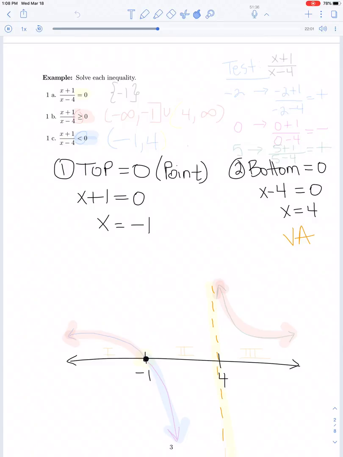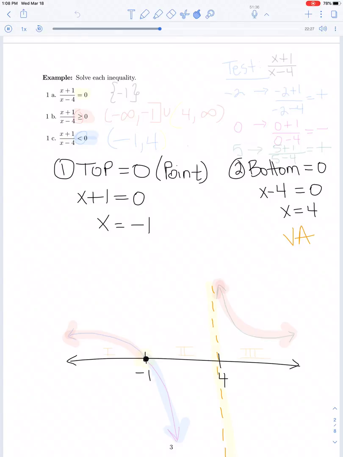Asymptotes are always drawn as dotted or dashed lines so that you know that you're not going to actually touch it. Now what this does is automatically break my graph into 3 regions: what's happening before -1, what's happening between -1 and 4, and what's happening after 4.